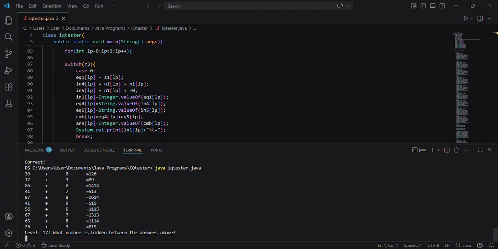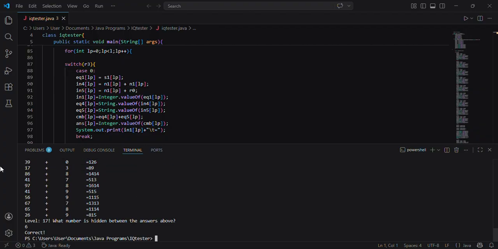Just above 9 it is 8 equals 14, so it could be 8 plus 6 is equal to 14, or just above it, 7 equals 13. So 7 plus 6 is 13, 8 plus 6 is 14, 9 plus 6 is 15. So 6 is the hidden secret number. We'll see it is correct.